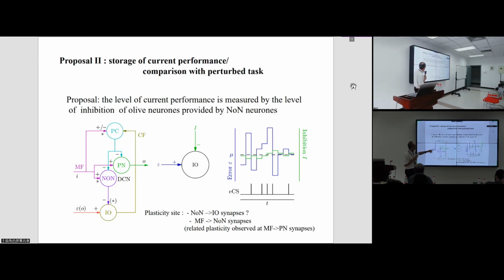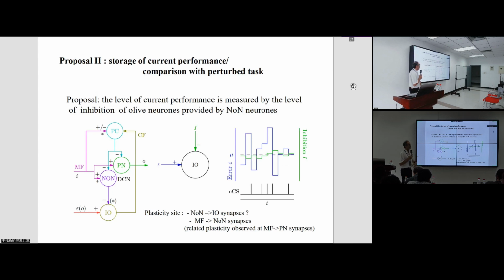When these mossy fibers arrive, they not only target the projection neuron that gives the motor output, but they also target a part of the deep cerebellar nucleus that goes back to the olive. And in fact, that inhibits it.